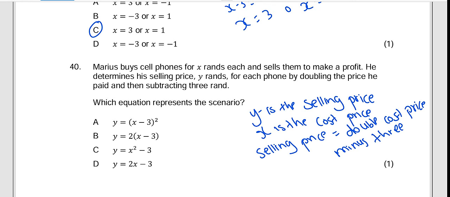So the correct option is going to be D. Because yes, y is the selling price, and x is the cost price. And the selling price is the double price, which is going to be 2x, minus 3.